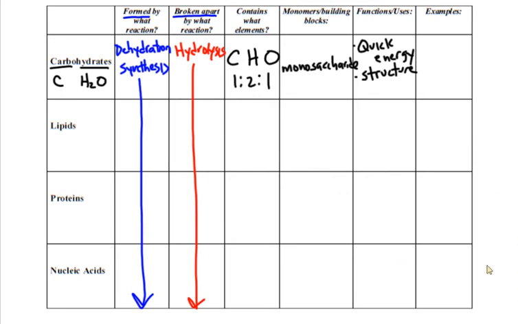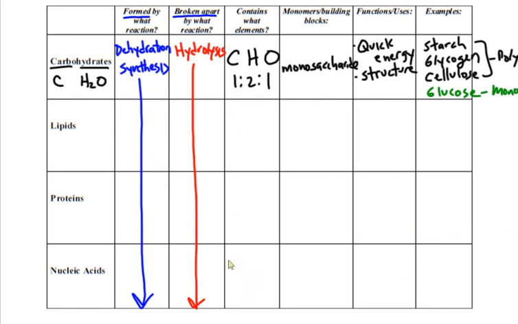Our examples we'll talk about from the polysaccharide standpoint. You have your starch, glycogen, and cellulose. These are all polysaccharides. And if you want to talk about a monosaccharide, remember our glucose. That's our mono.